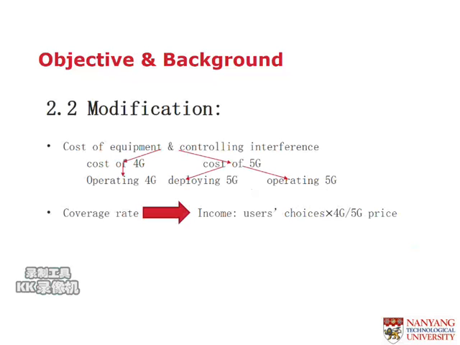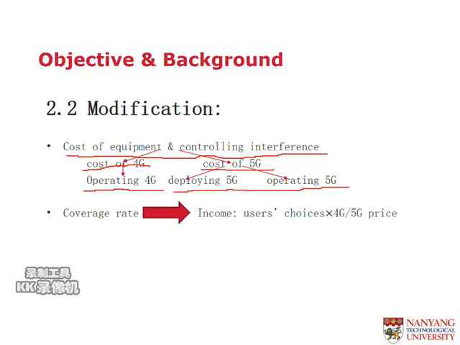Then minimizing cost and interference in the original function will turn into minimizing the cost of equipment and controlling interference, which is divided into two parts: the cost of 4G and the cost of 5G. The cost of 4G only contains the cost of operating 4G, and the cost of 5G contains the cost of deploying and operating 5G.